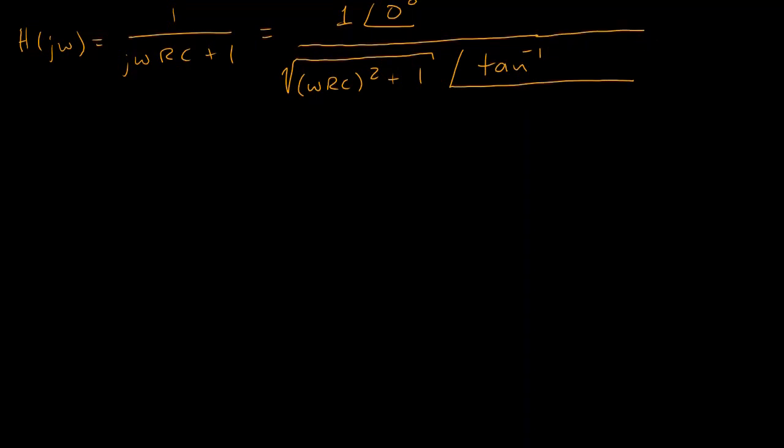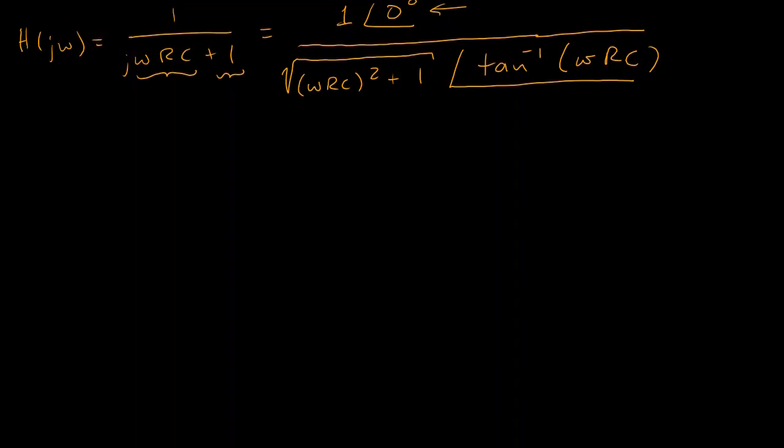This arctangent is, in generic terms, the arctangent of y over x. So that's going to be the arctangent of the imaginary part divided by the real part, which happens to be 1, so it's just the arctangent of omega RC. Now that's going to be in radians, obviously, in this angle up here. Well, we can write it as degrees or radians. It's 0 in any case.